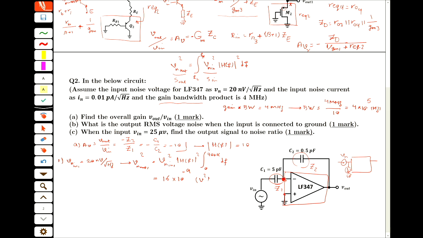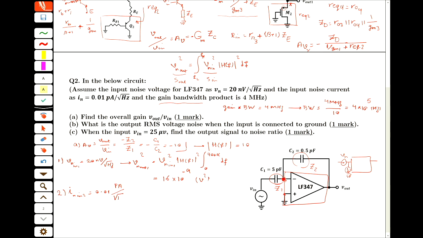For the second part, we have In, which is equal to 0.01 picoampere per square root of hertz. Up to here is clear.